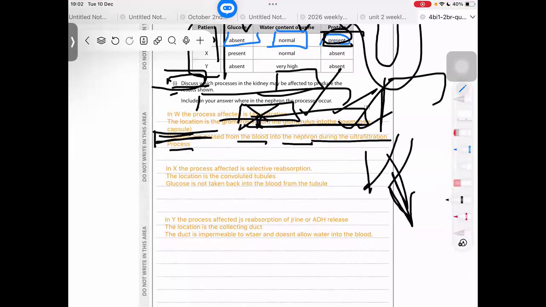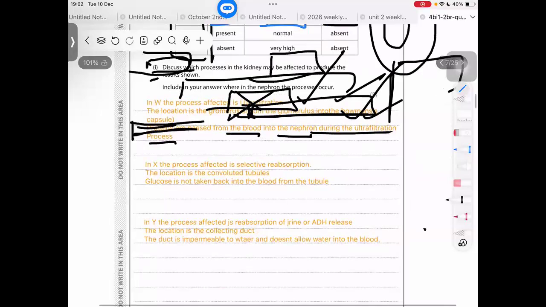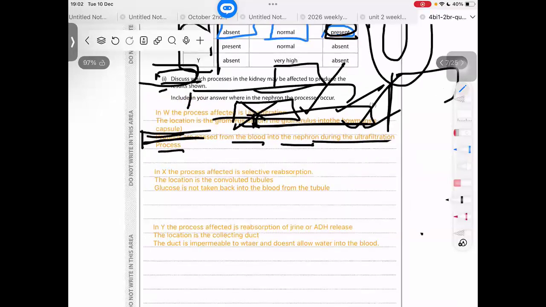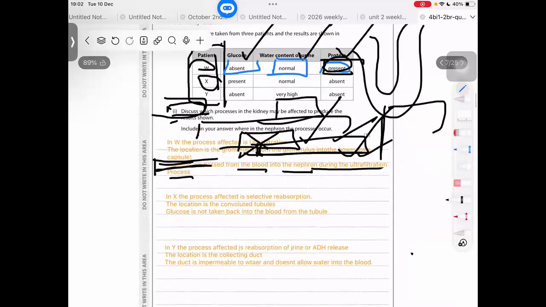Did you mention that it moves into the afferent arteriole after ultrafiltration or something like that? Yeah, the blood that flows into the afferent arteriole. Okay, then no issues, right? I heard it like that, from the afferent arteriole it passes into the Bowman's capsule. No, it's okay. You can write it like that, right? No issues.